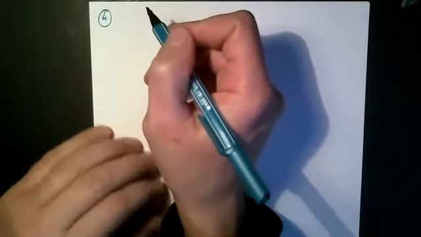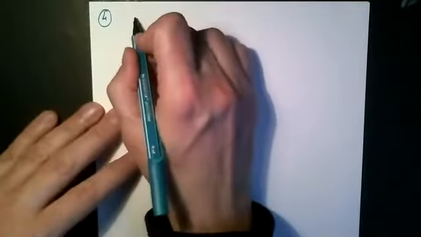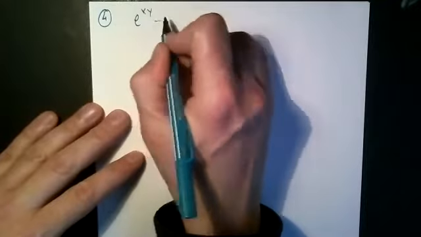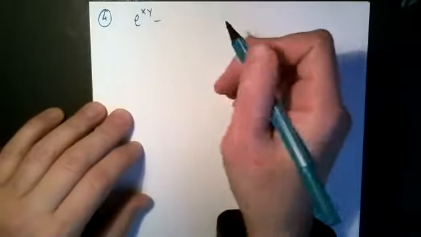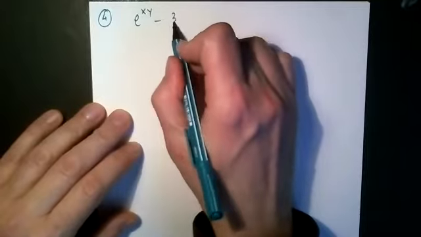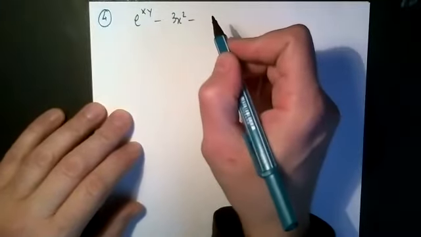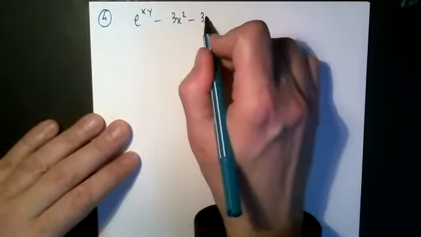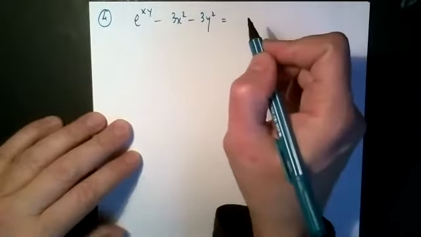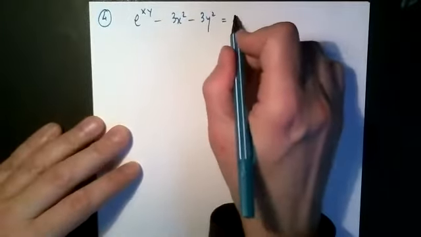Okay, so we did 1, 2, 3. Let's go to number 4. So let's say e to the power xy minus 3x squared minus 3y squared equals 2.